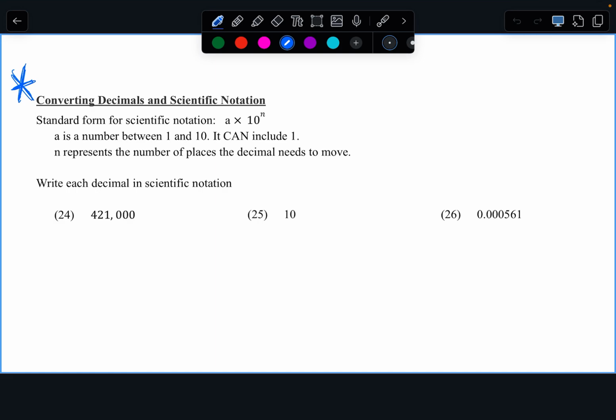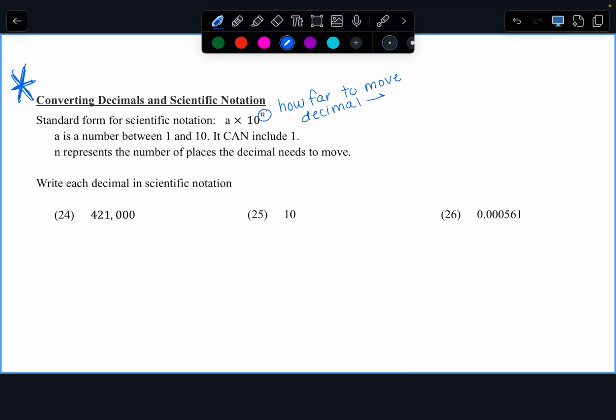Okay. So scientific notation in standard form means you have some number times 10 to a power. 10 to a power just means, hey, there's this decimal and you're going to move it left or right this many places. So this exponent tells you how far to move your decimal point left or right.